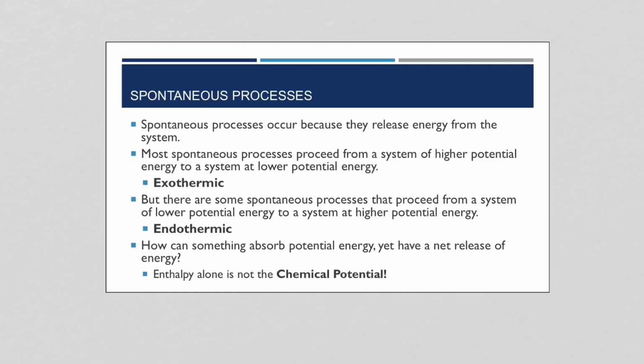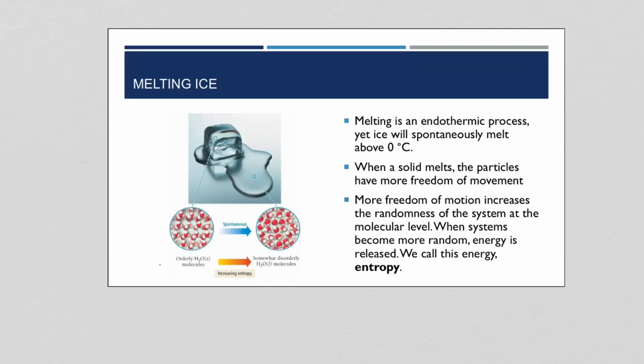Now, let's explore this a little further by looking at a couple examples. So first of all, we'll look at the melting of ice. Now, if we think about the melting of ice, it's an endothermic process, first of all, right? It's a net absorption of enthalpy, or of heat, during the process, but yet it spontaneously melts, right?